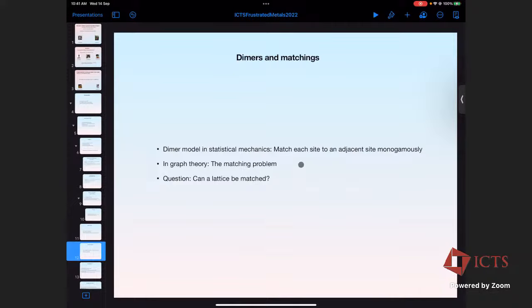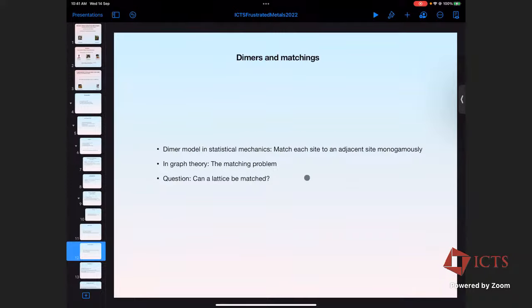So as you can all see, I've already introduced this idea that not all lattices are of the type where I can put dimers down in such a way that each site is monogamously matched to an adjacent site, right? And this, of course, you know very well. If I take a lattice with an odd number of sites, naturally, I have no perfect matching. That's a trivial case.